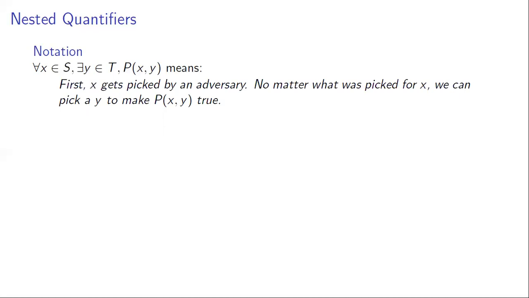But the key point is that the adversary goes first. The adversary picks x, then we have to deal with whatever x they chose and try to find a y to make P of x comma y be true. And what this statement claims is that no matter what x the adversary chooses, we can always find a y to make P of x comma y true. That's what the statement says.